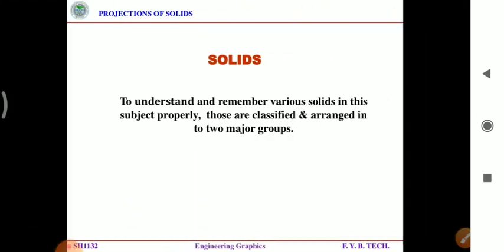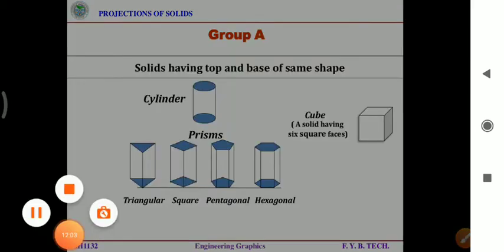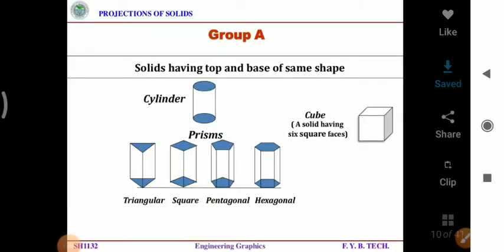Next, to understand and remember the various solids in this subject properly, they are classified and arranged in two major groups. Group A: solids having top and base of the same shape.